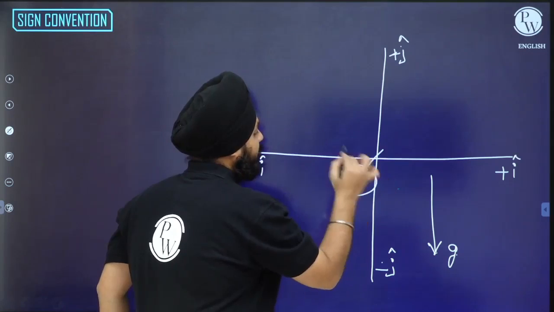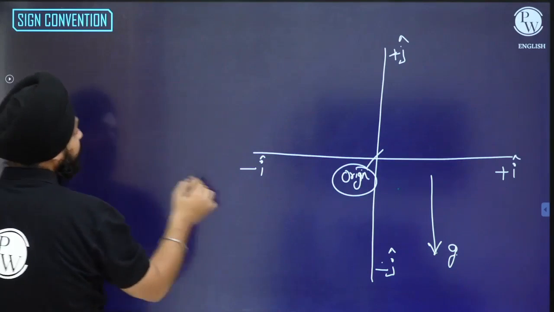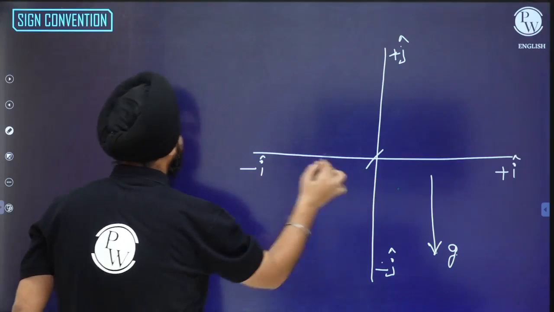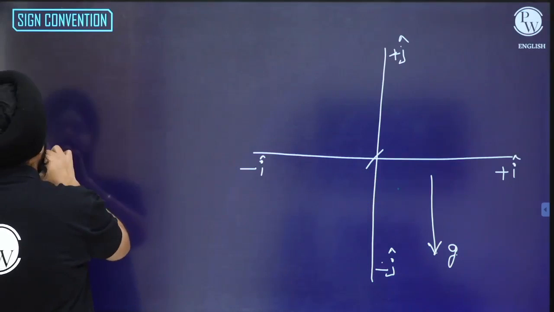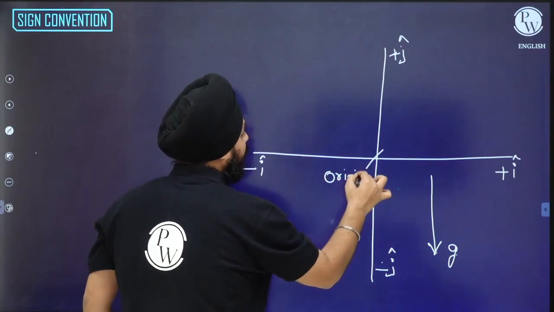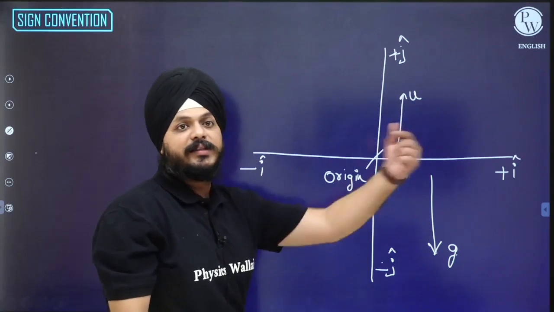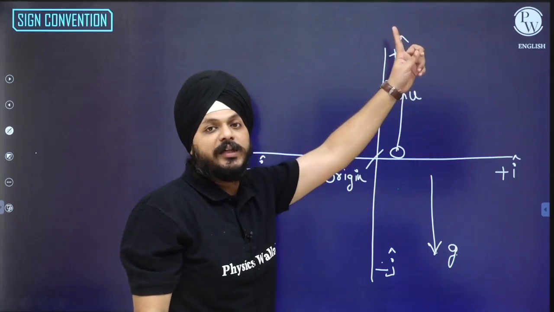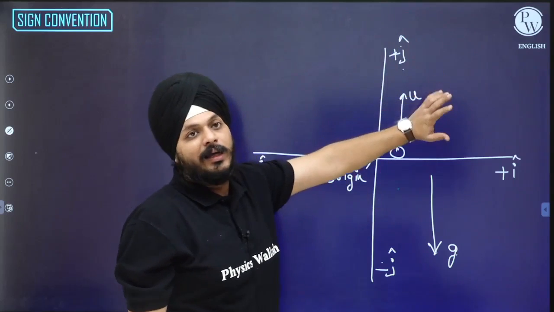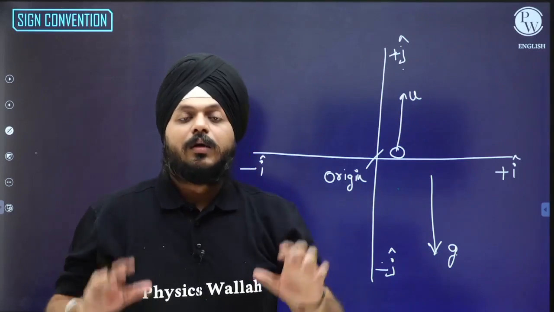If g is in the downward direction, then it is directing towards the negative j, so we will take it as negative. Another example: if an object is thrown upwards with velocity u, directing towards the positive j, then we are going to take it as positive.